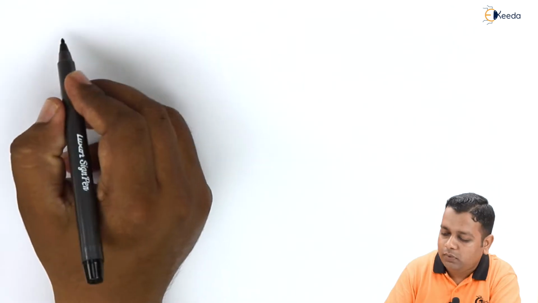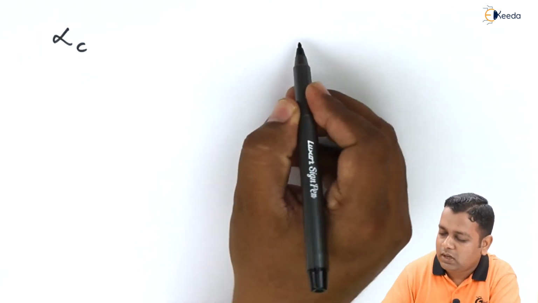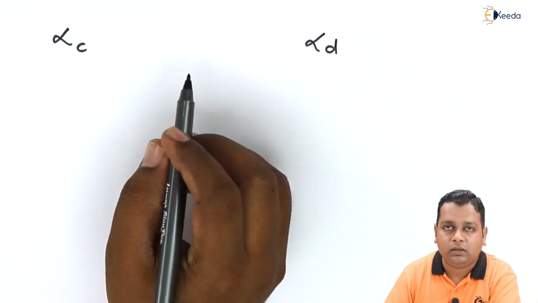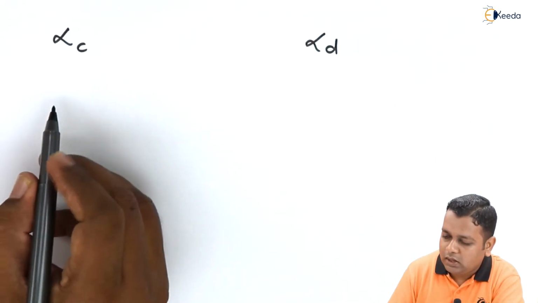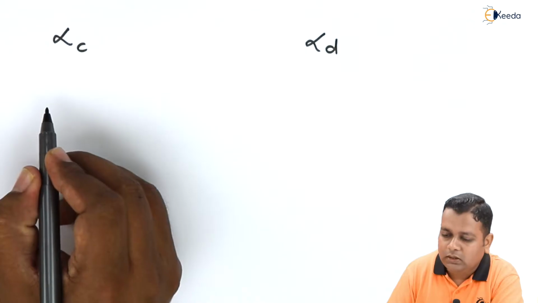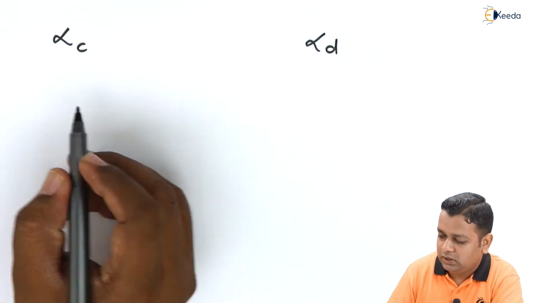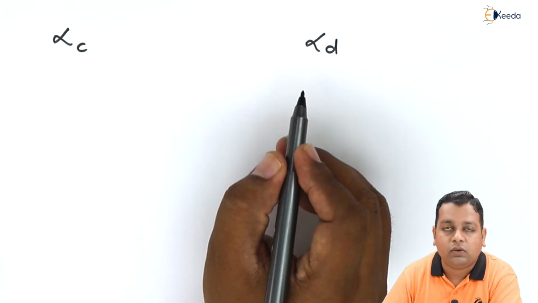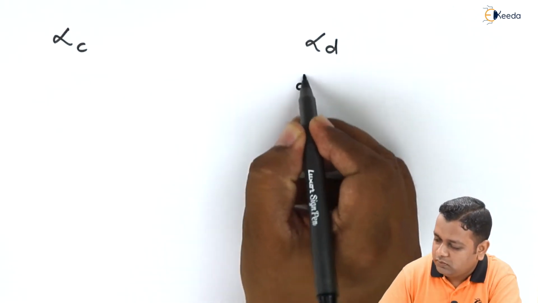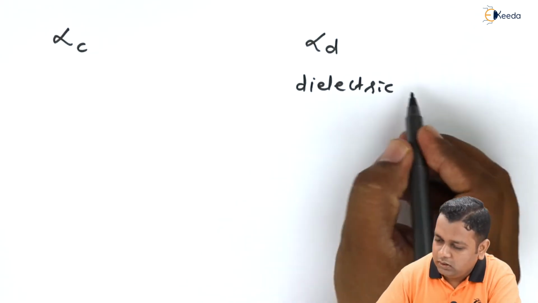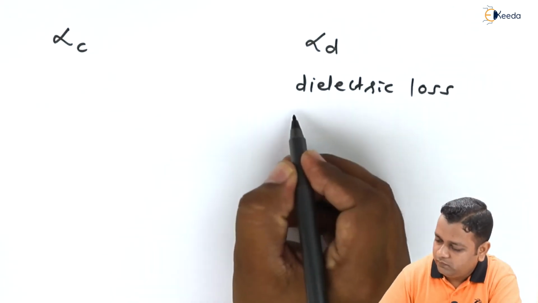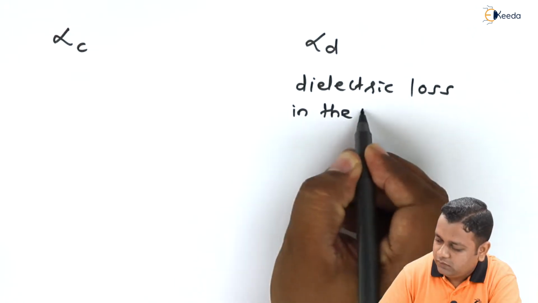Next, as I just discussed, the separation of alpha in terms of alpha C and alpha D. Alpha D, we can say, accounts for the dielectric loss in the substrate. So for the substrate we have a semiconductor material, so I just mentioned here dielectric loss in the substrate.